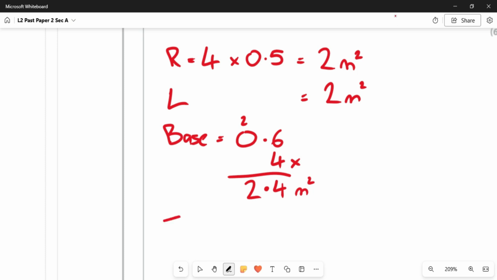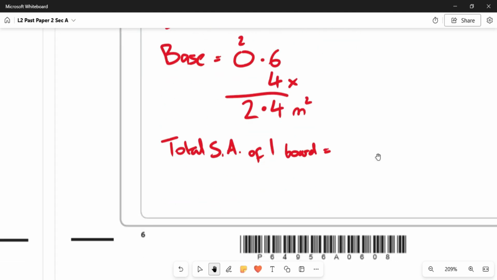let's work out the total surface area of one board, let's say, which is 2 plus another 2 plus 2.4 plus the 2 faces.